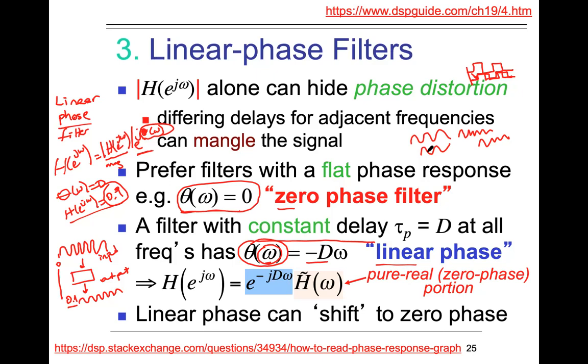So how do I come up with such a linear phase filter? Here is the trick. I have my magnitude response, but I will rewrite it as e^{-jdω} times some value. Do you remember what we have done before? We said e^{-jω/2} times cos(ω/2).